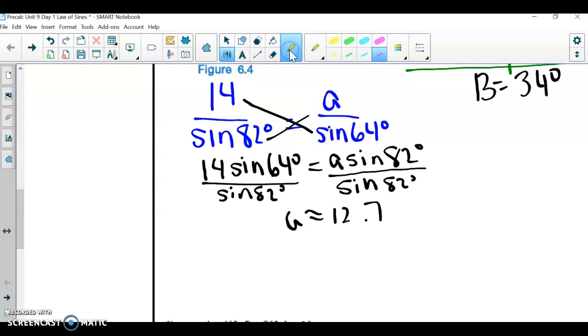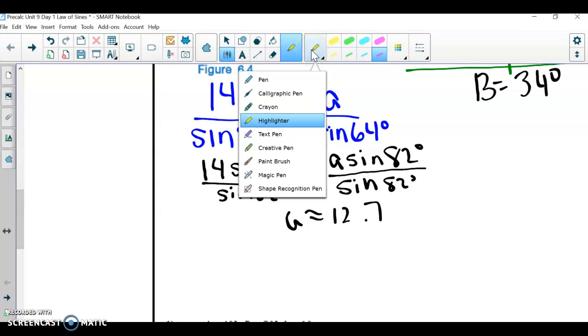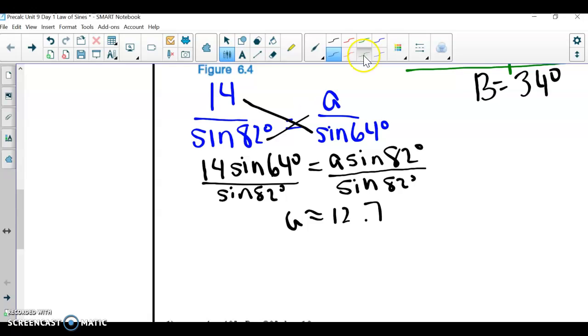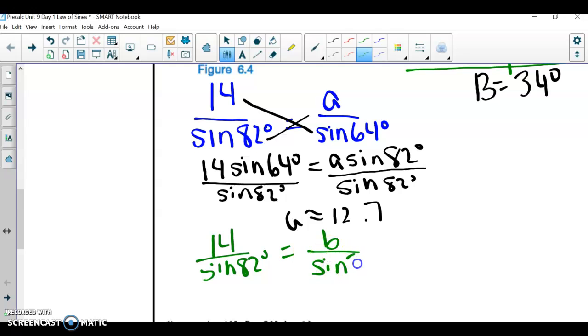So similar, because I have the angle C and the length of C, we're now going to use 14 over sine of 82 is equal to whatever B is, which I don't know, over the sine of my angle, which is 34 degrees. Okay, and then we cross multiply.